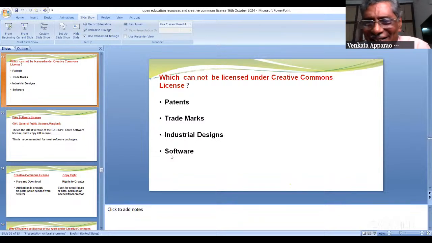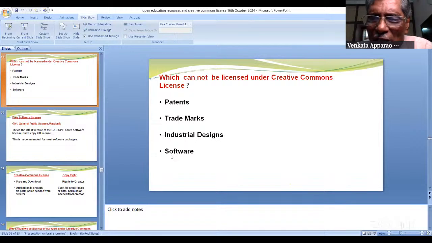Right? Now you may ask me a question here. When Creative Commons does not give license to software, then all these software, from where they get license? I shall discuss in course of my lecture. There is another license called General Public License, which gives license to all the softwares. There are different kinds of organizations which give licenses for free and open source software.